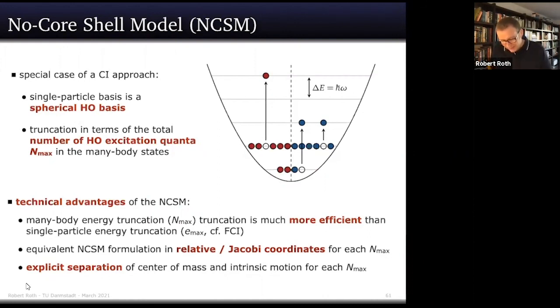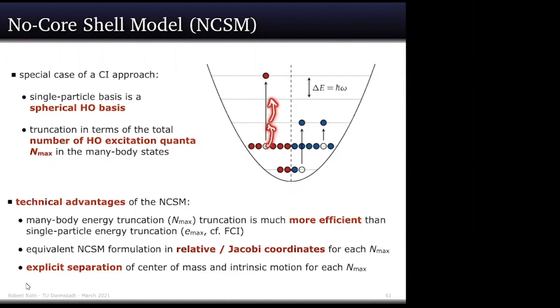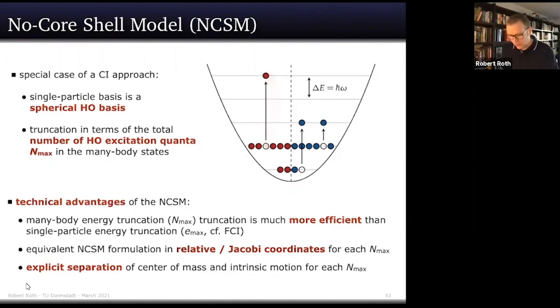But the thing is, now you start to build a reference state. You fill in nucleons in the lowest possible configurations, and with the 8 protons, 8 neutrons I have, I can just fill the first 2 oscillator levels. And then I count for all the other Slater determinants of my basis, how many steps in these oscillator quanta I have to excite my individual nucleons to reach a specific configuration.